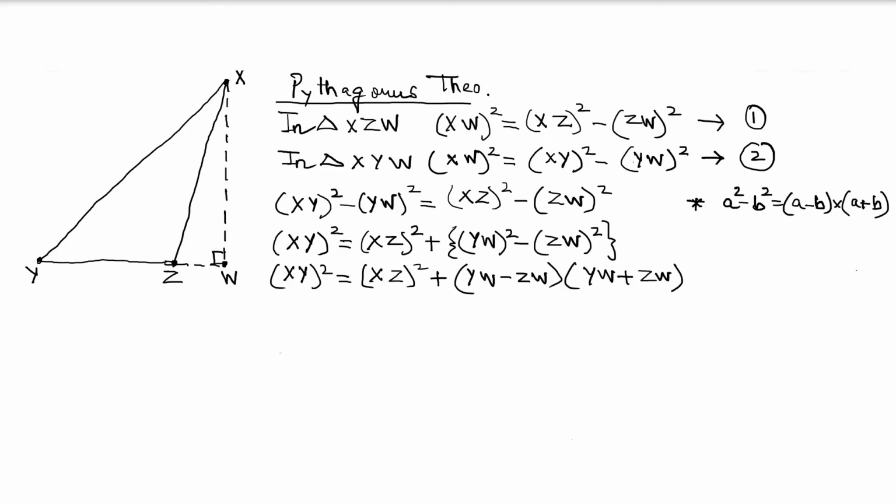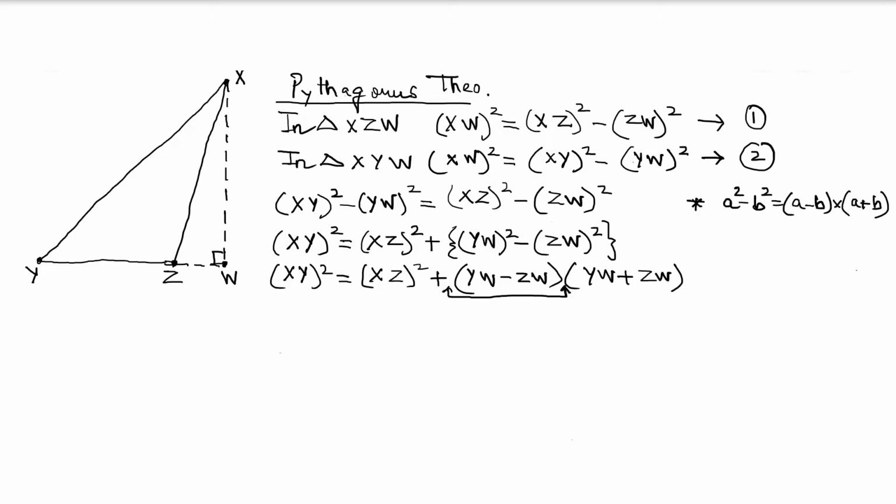So yw minus zw gives me how much? Can I say that this directly gives me something? Yes, this directly gives me yz.